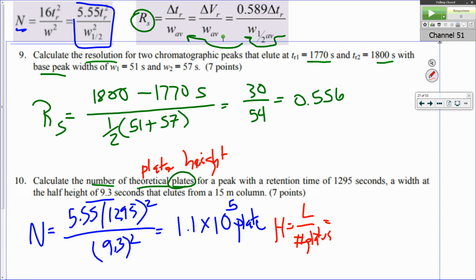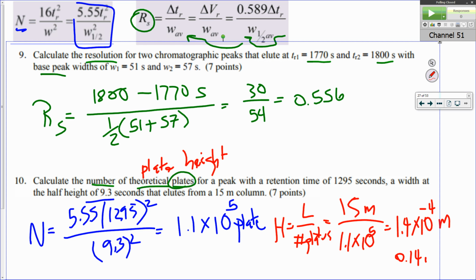The length of the column is 15 meters divided by this huge number of plates. So it'd be 1.4 times 10 to the minus 4th meters, or in a metric equivalent, 0.14 millimeters.